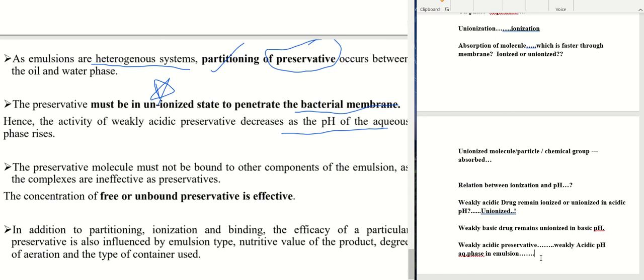We discussed the microscopic method and the ultracentrifuge method. By these two methods we can determine the stability of an emulsion, and if the emulsion is found to be unstable, we can improve its stability by considering the various measures that we have discussed in this lecture.